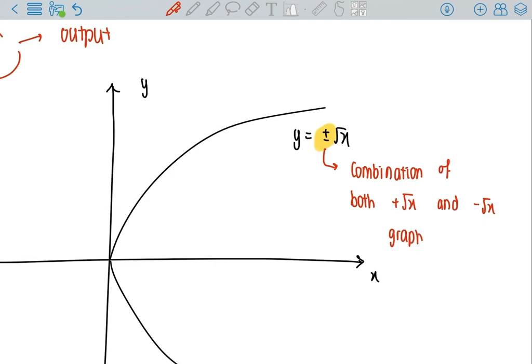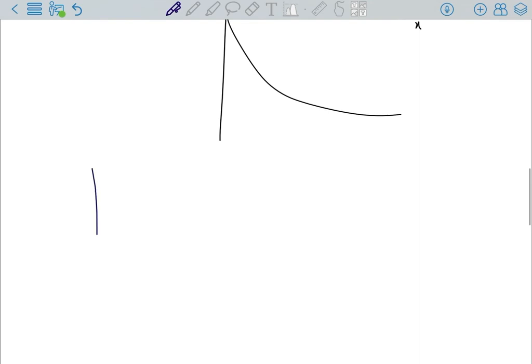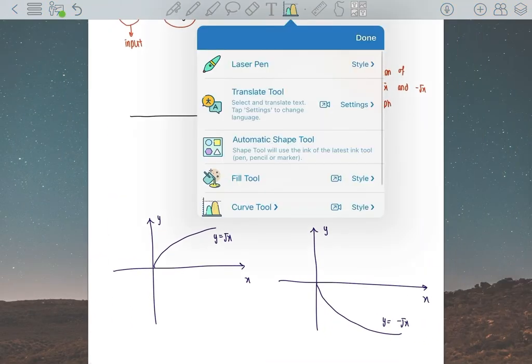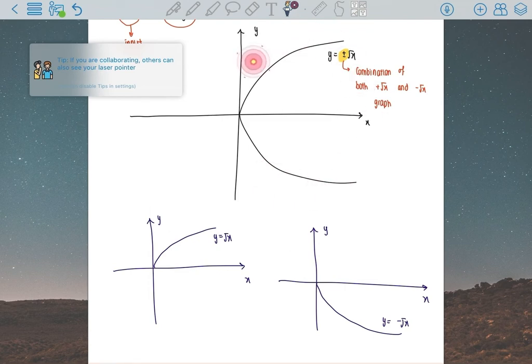If we want to look at them individually, it will be like this. This is y equals the positive square root of x, and this is y equals the negative square root of x. If we combine both of these graphs, we are going to have this graph as our final graph.